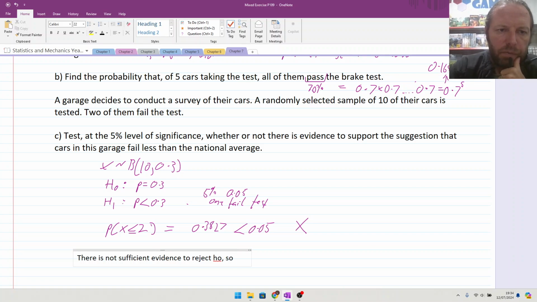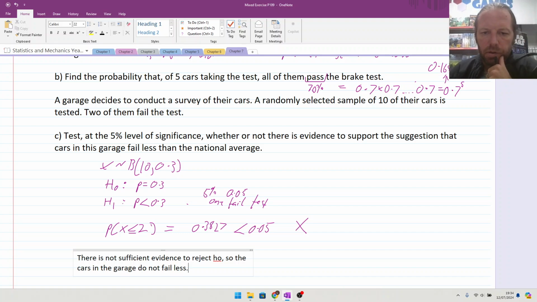So the cars in the garage do not fail less. Good.